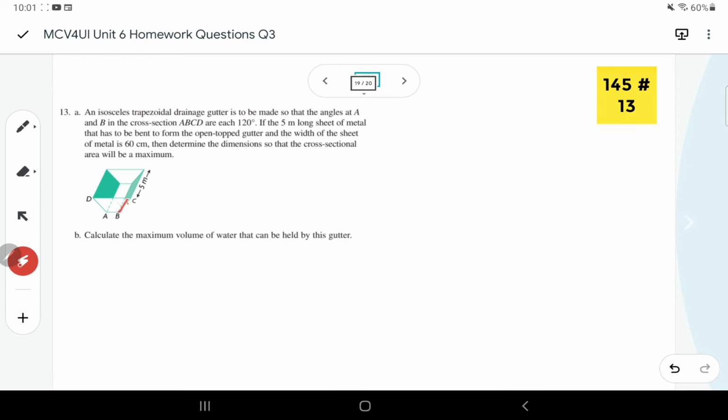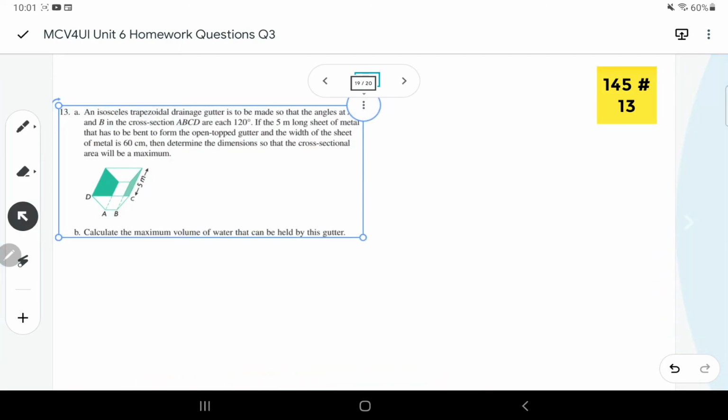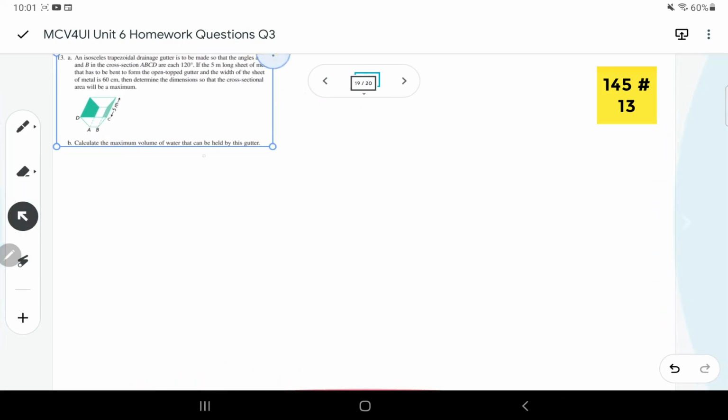So like that trapezoid, we want that to have a maximum area. And we know that these are going to be 120, and we have 60 centimeters total to go from DA to AB to BC. So we want to really maximize that if we're given this 120 degrees. So let's try and sketch that out.